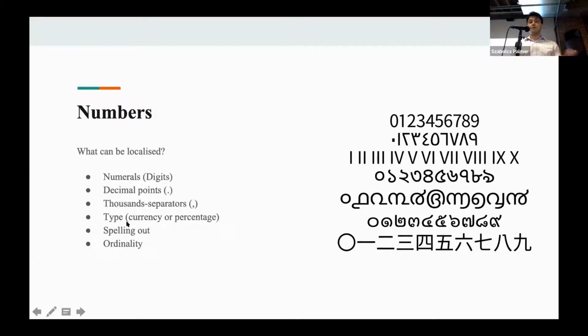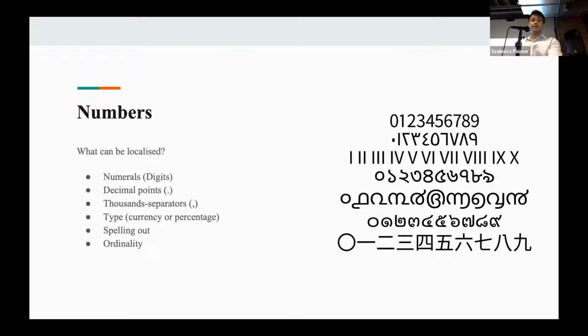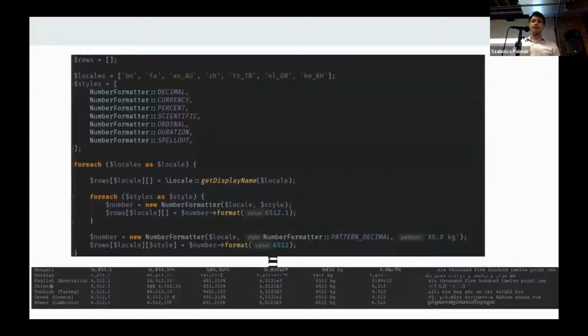It may be a type or percentage, you need to know that one. You need to spell out. Spelling out is very common even in day-to-day programming, and ordinality. Okay, so all of those aspects, those 6 aspects, can be achieved very quickly, very cleanly with the number formatter.